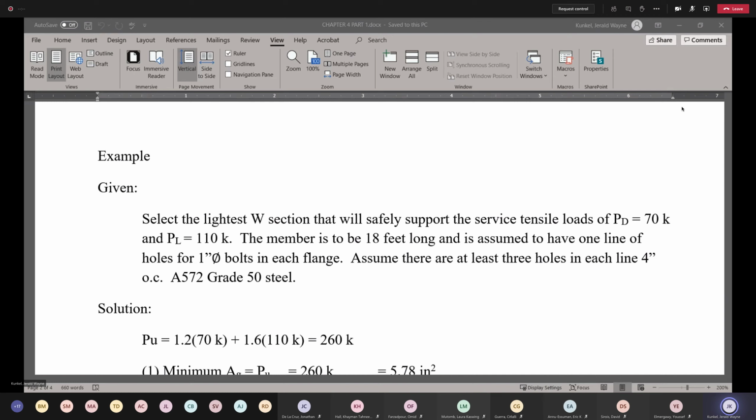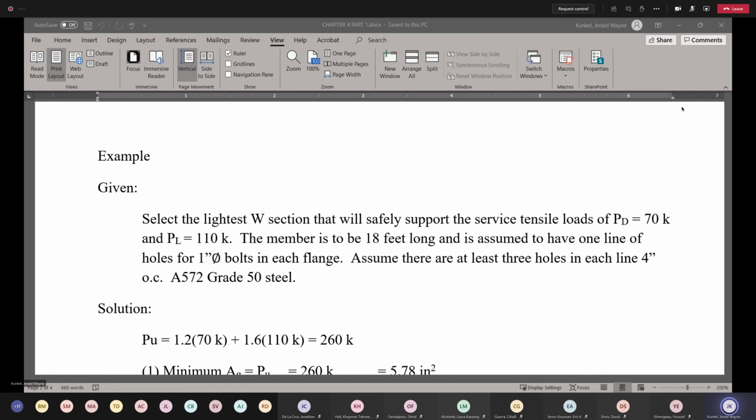If I know the live load, and if I know the tributary area to the tension member in square feet, then I can calculate the load in pounds or in kips. That's what we have to have in doing tension members: I have to know the dead load and live load, those service loads.